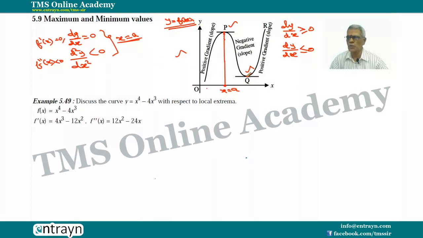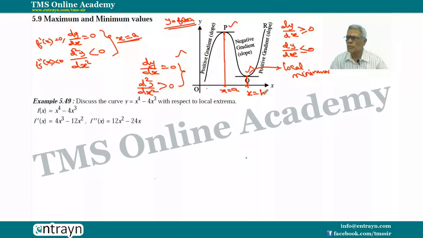Listen here, at the point Q, the function attains the minimum, which we call a local minimum, and the condition for local minimum is dy by dx is 0 and d square y by dx square is greater than 0 at that point, and I call that point as x is equal to what, sir?